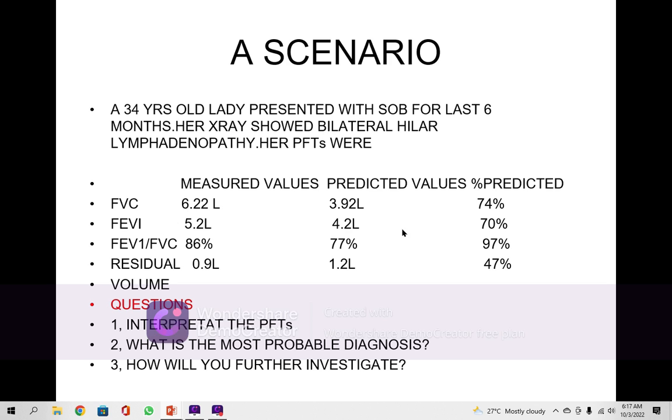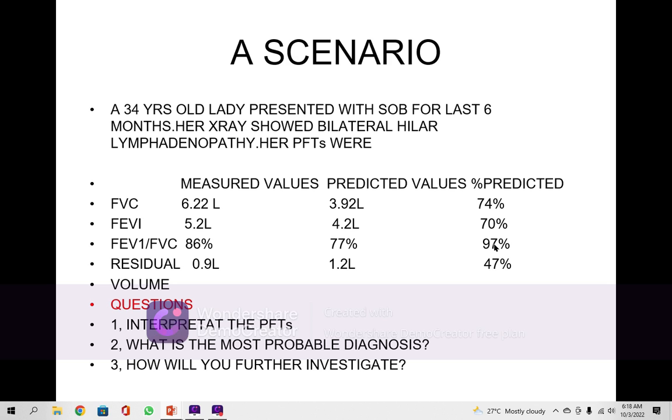Again, it is more than that. It's 70% of the predicted. The ratio of the forced expiratory volume in 1 second to the forced vital capacity was 86%. The predicted value in most of the cases is 77%. Again, it is 97%.